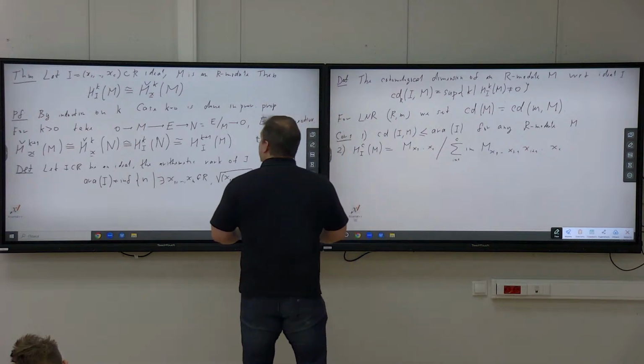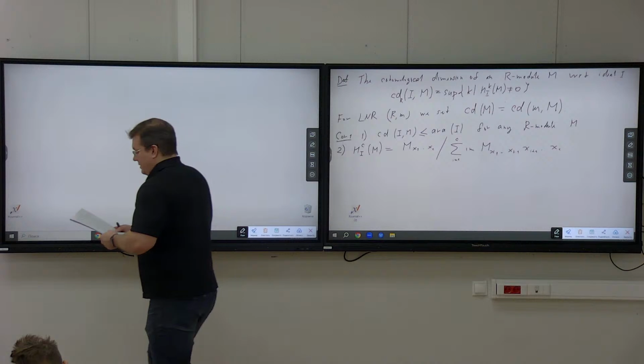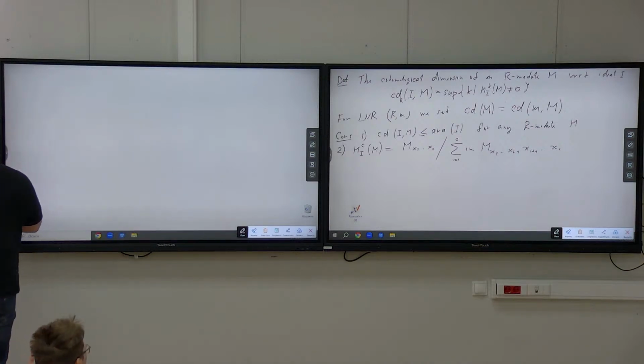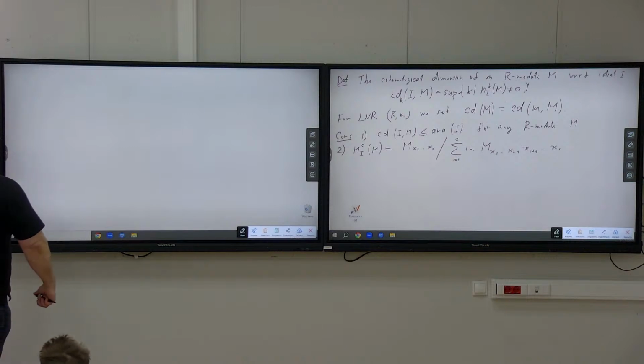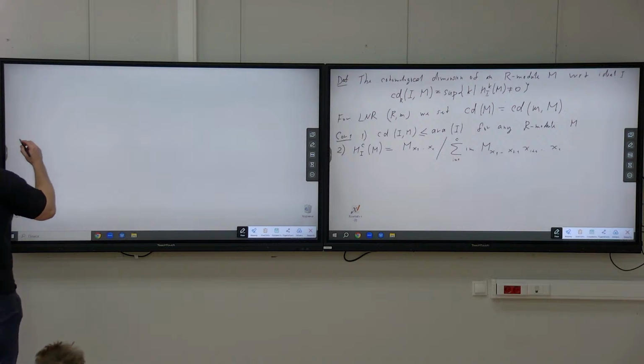Okay, so now another proposition, well, it's not really an independent proposition, since it's based on the same idea that I can compute local homology using the stabilized Čech complex. I'm going to call this corollary number 2.